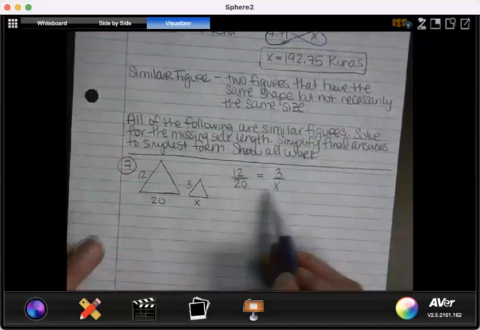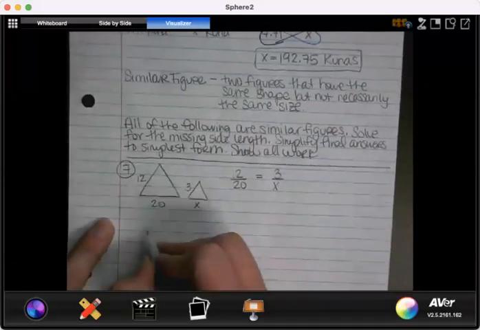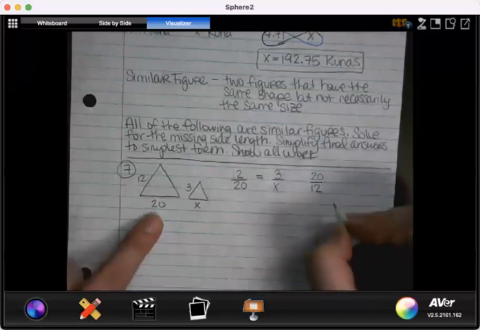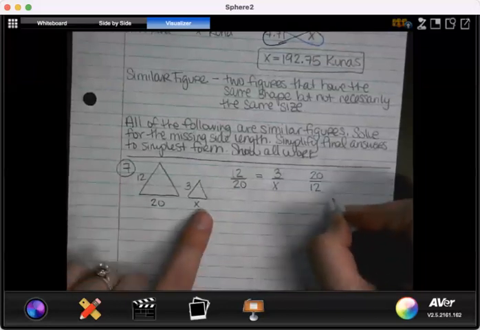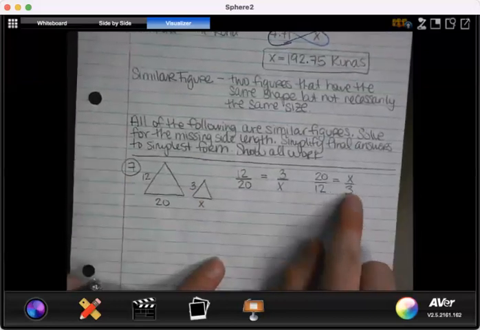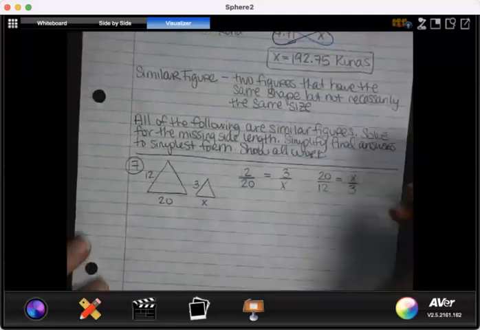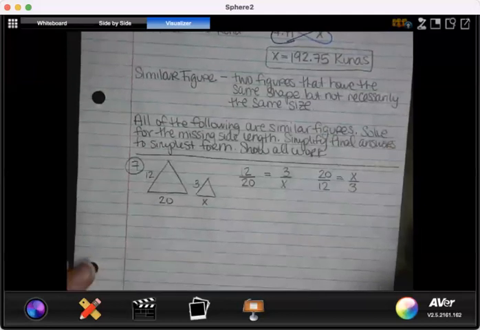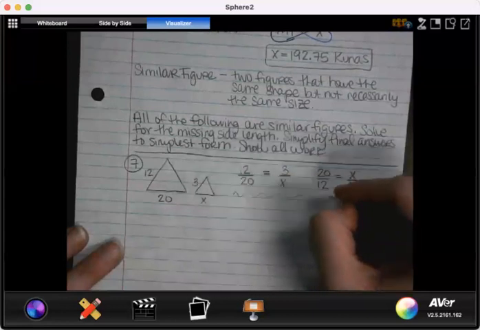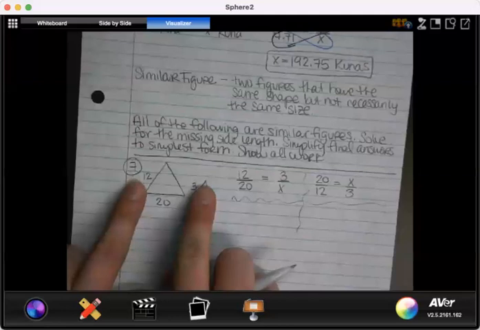But again, this isn't the only way we could have done that. I could have also had the base on top. I could have had 20 divided by 12, so the base divided by the side equals the base divided by the side. This sets it up to where the variable is in the numerator. And less common, you could also have a proportion set up between the types of sides.